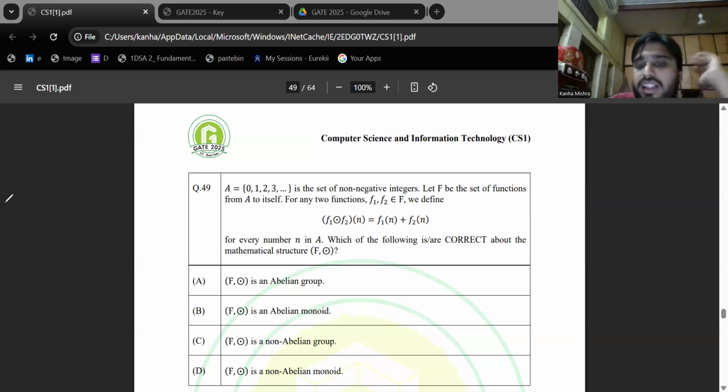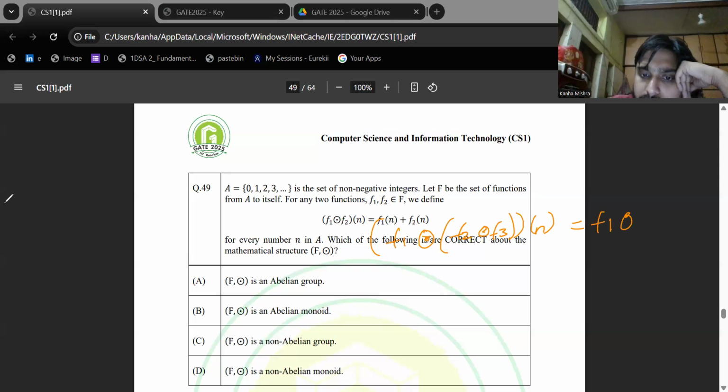Let's check associativity and understand whether it works or not. f1 ⊙ (f2 ⊙ f3) of n is equal to (f1 ⊙ f2) ⊙ f3 of n.